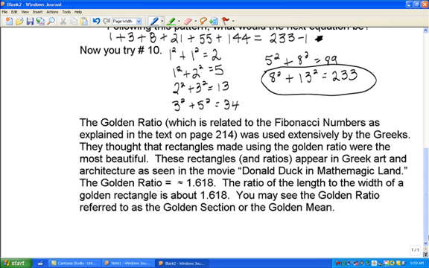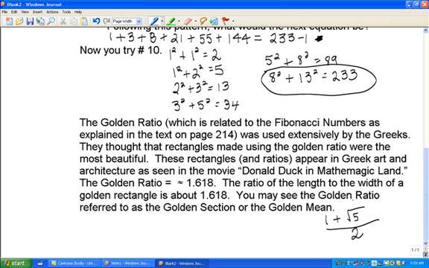The golden ratio is approximately equal to 1.618, and its actual value is 1 plus the square root of 5, divided by 2, which you can see is an irrational number because of the square root of 5. So you may see the golden ratio referred to as the golden section or the golden mean.